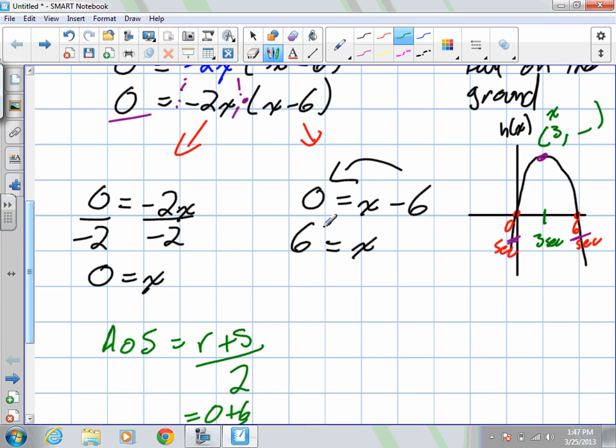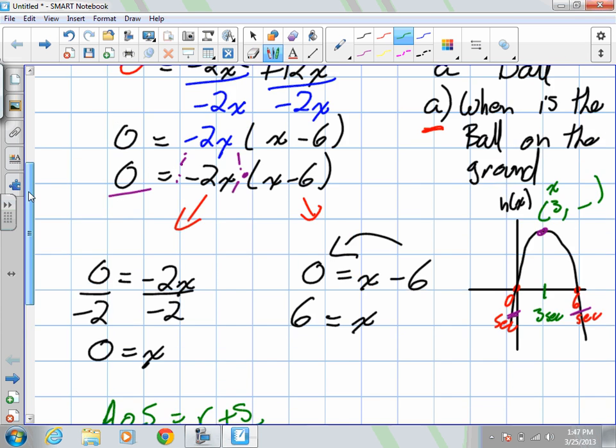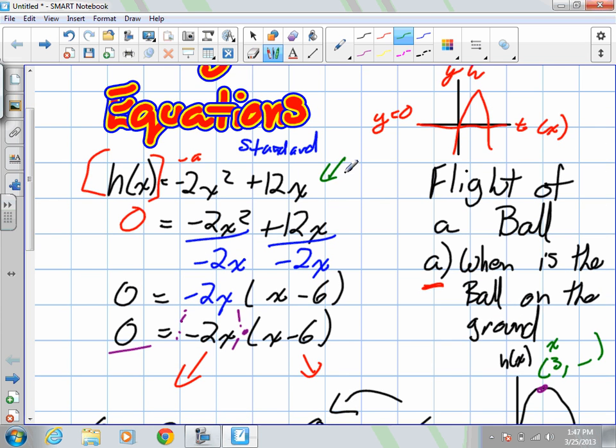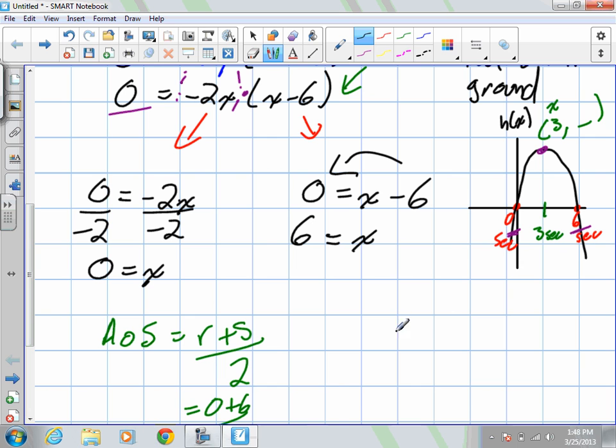To find the y, we need to plug back into either our standard or our factored form of the equation. Okay? Last time we did this, we did the standard form, so I'm going to plug it into the factored form just to show you that it can be done. Our factored form of the equation, after we common factored, was the height of the ball is equal to negative 2x times x minus 6. We're going to look for at 3 seconds what the height of the ball is.